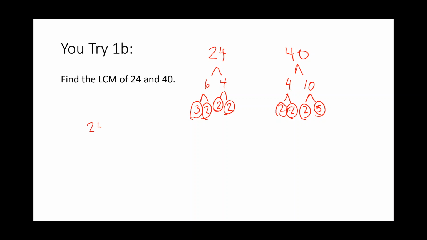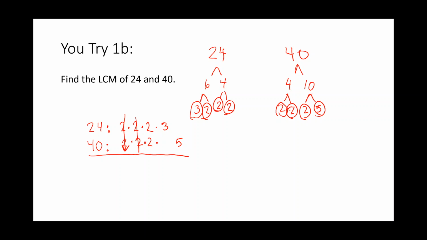Okay, so let's make a 24 row and a 40 row. My 24 row, I'm going to have 2 times 2 times 2 times 3. My 40 row, I'm going to have 2 times 2 times 2 times 5.